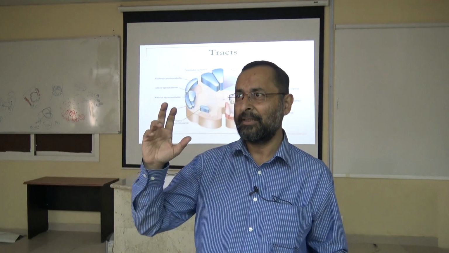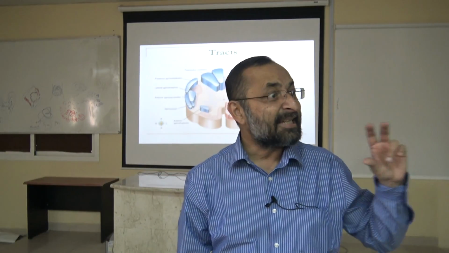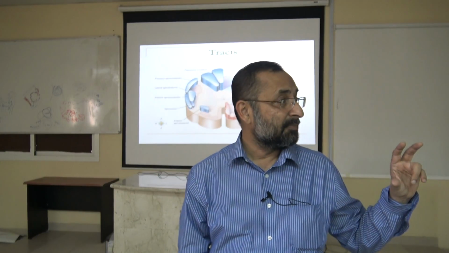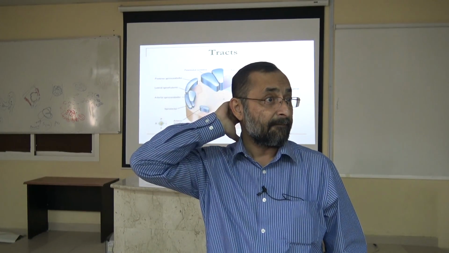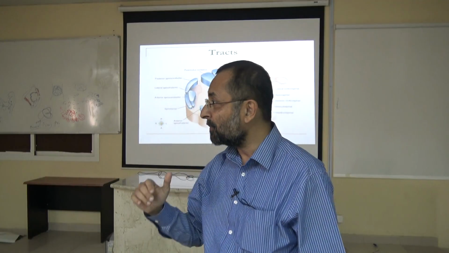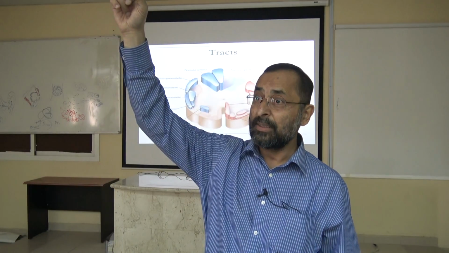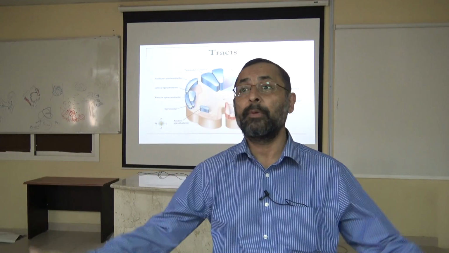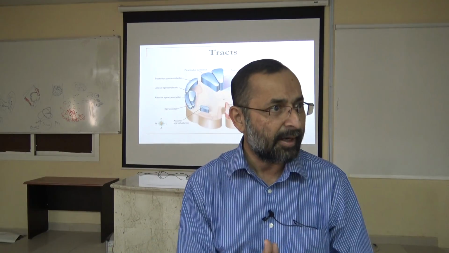Tectal means definitely you are guessing about some part of the brain, okay. Tectum. Tectum is a part of the midbrain, okay. If a tract is starting from the spinal cord, and it is going to the tectum part of the midbrain, what will you call this tract? As spinotectal tract, okay.